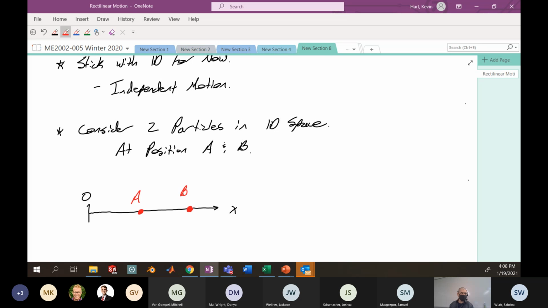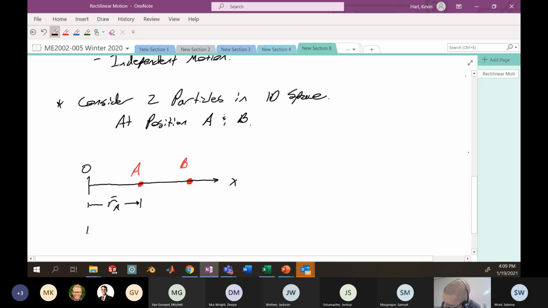We know from our discussion previously that we can locate those in space using a position vector. So here's our position vector locating A. And we can also have a position vector that locates B. I would say this is my position vector R locating B. Nothing too crazy here.